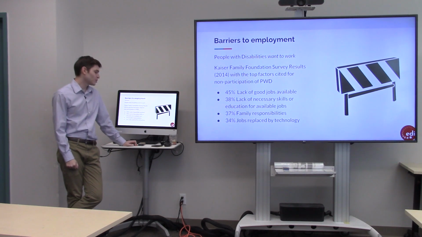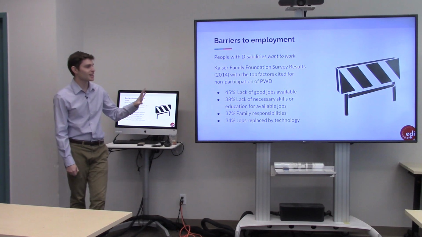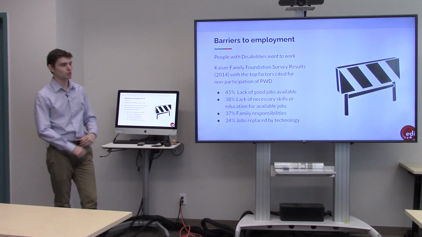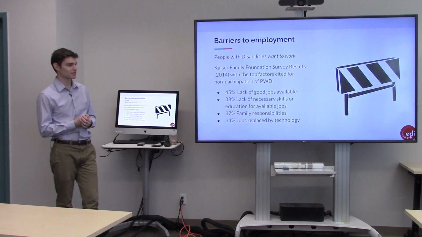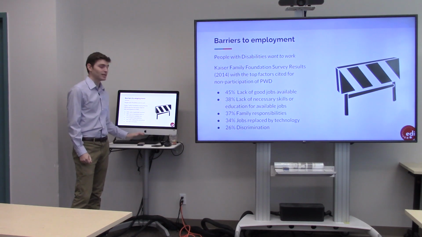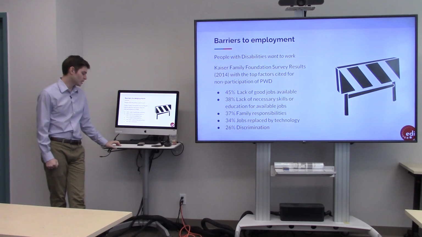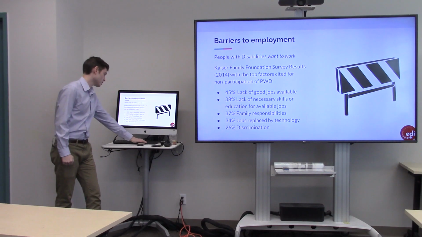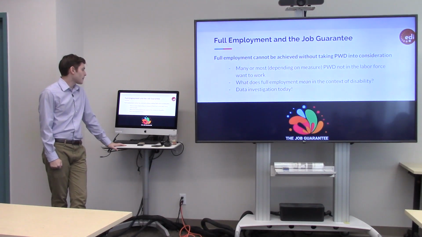And then jobs being replaced by technology. I don't know about you, but this is not what I would really expect to read if you polled a group of 1,000 people with disabilities who are not participating, why they would say that they're not working. And then fifth on this list is discrimination. So perceived discrimination in hiring, which is also real and shown by research.